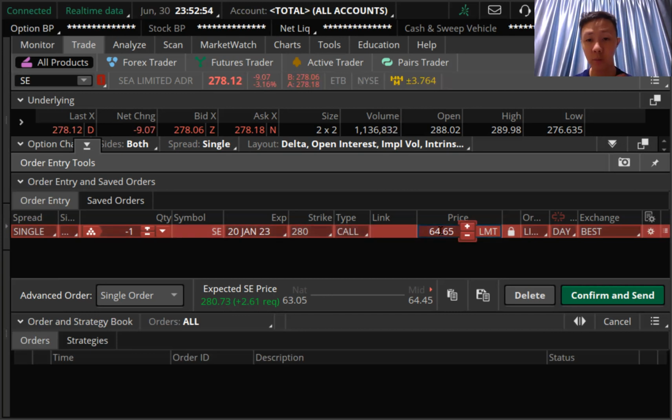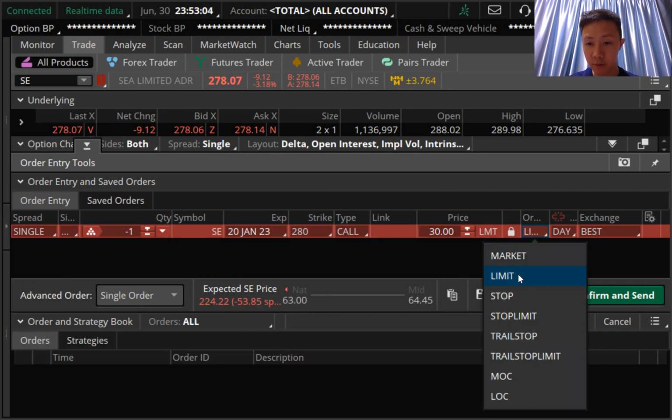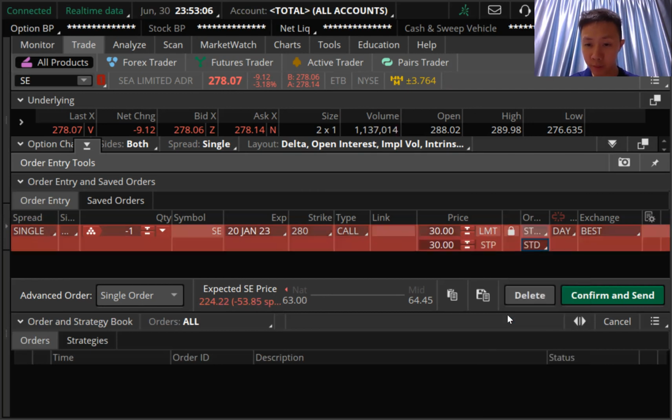So assuming you bought at $6,000, the 50% cut loss will be half of it, so it becomes 3000. Then change from limit to stop limit, and the price for both will be 3000.